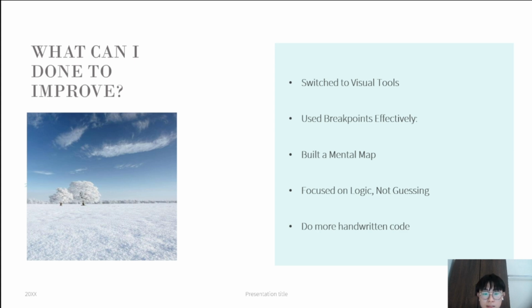So last is logic over guessing. My biggest takeaway in this journey is that engineering is about efficiency. Instead of wondering what a program does, I use visual tools and handwritten logic to spot and fix errors instantly. So if you are struggling with DSA, you can try the same method as me and see if that works for you.